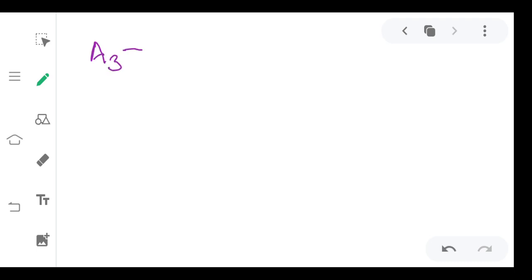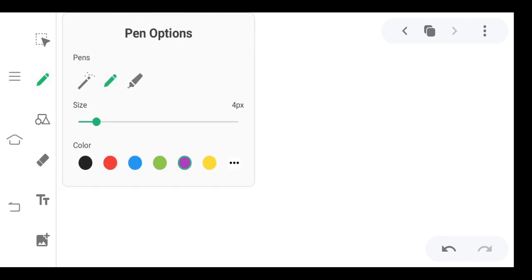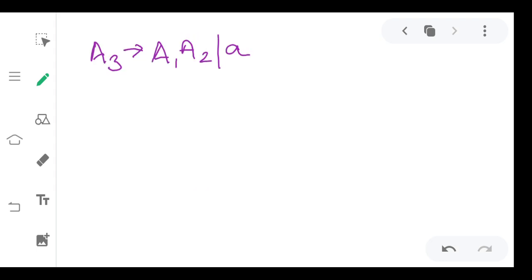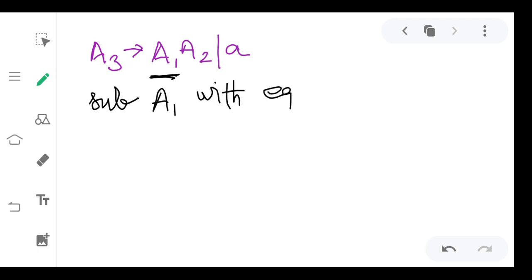A1 by A1's production. So we have A3 produces A1 A2 or a, that is the third equation. So what we have to do is, we have to convert that. That is, this part has to be changed by substituting A1 with equation 1. It is A1's production.